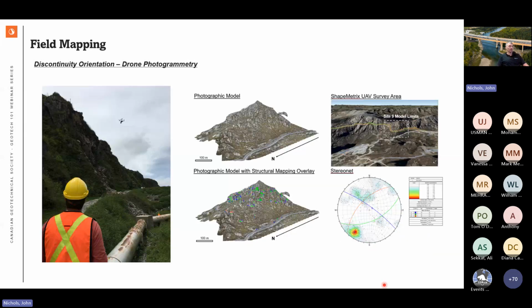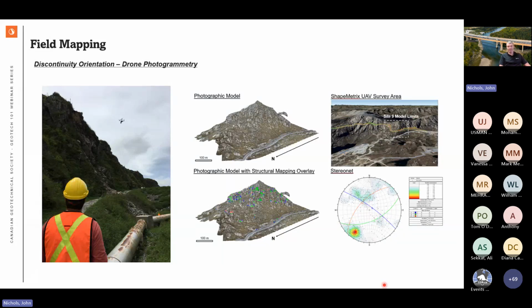Where it's progressed now is that we use drones to collect data, and this is again making our lives a lot easier. We're able to collect from much further away. The terrestrial was limited to what you could see, and the data may have been lacking. So field mapping, orientation, data collection with a drone allows us to capture much more data.